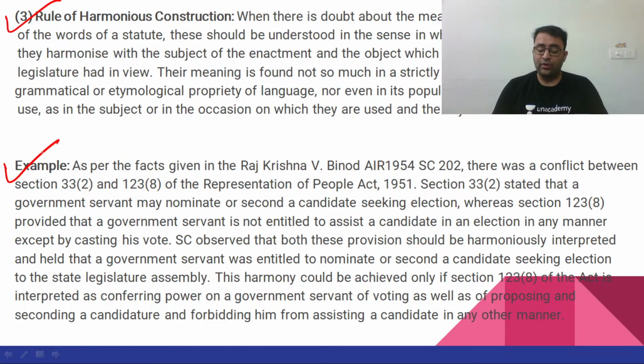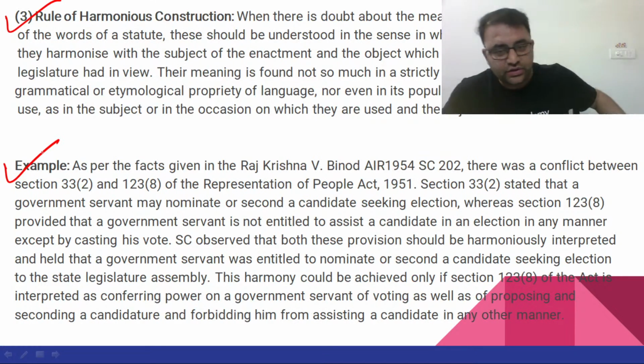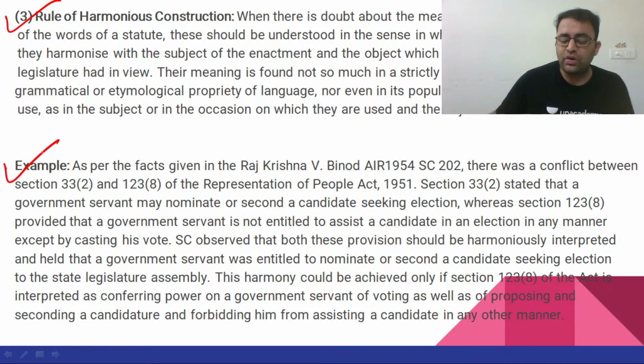So the Supreme Court said that, as per Section 33(2), a government servant is allowed to nominate or second a candidate, and maybe the whole purpose of Section 123(8) was that other than nominating, seconding and voting, a person cannot help him in any other way. So that was harmonious construction. Otherwise, there would have been a deadlock between those two sections.